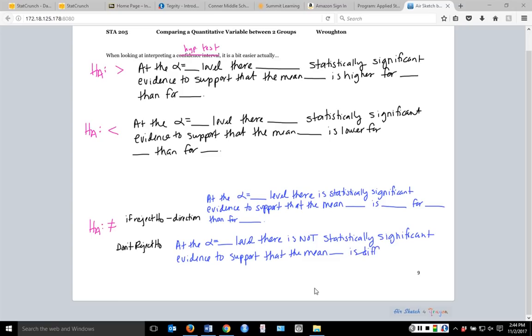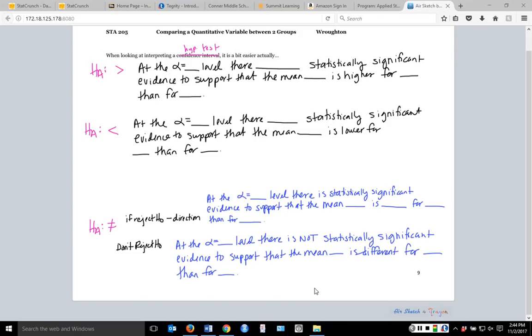Remember, because we're just doing that not equal to, for blank than for blank. So we might say at our alpha equals 0.05 level, there is not statistically significant evidence that the mean exam score is different for exam 2 than for exam 3.